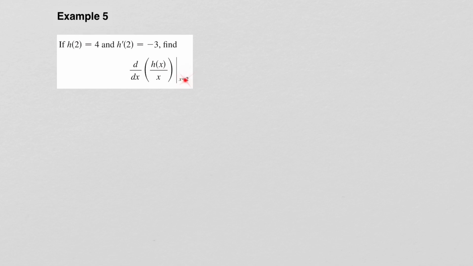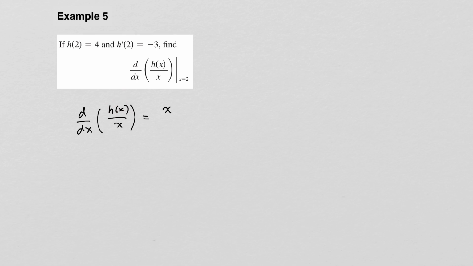So let's not worry about plugging in x equals 2. Let's just focus on taking the derivative of the function h of x over x. And this derivative, of course, will be found by using the quotient rule. So again, the quotient rule states to take a derivative of a fraction, you will take the bottom and multiply it by the derivative of the top.